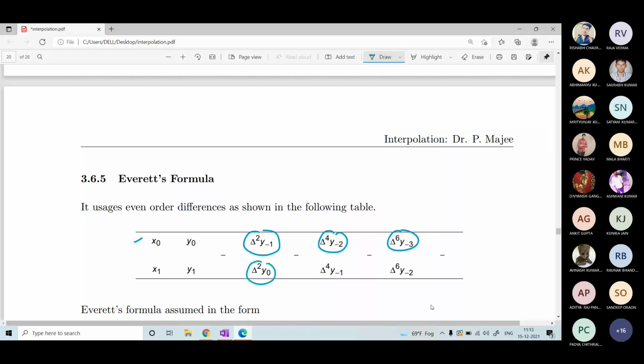These entries are taken only, nothing else. So how to find the formula then?